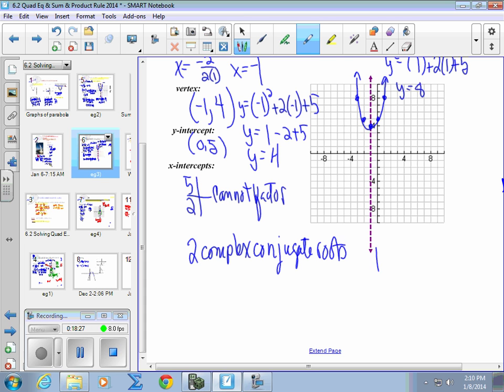The domain is all real numbers, and the range is y such that y is greater than or equal to what? I would like you to sort of get in the habit of it. We're going to have to do it down the road.